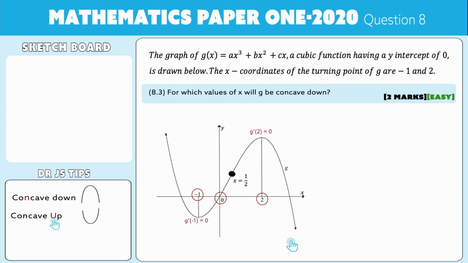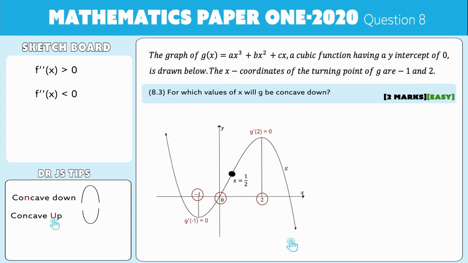Okay, so they're asking us where it is concave down. So the graph will be concave down where it takes on this shape in the tips. Or if you want to write it down in your sketchboard, concave up is where the second derivative is bigger than naught, and here the second derivative is less than 0.